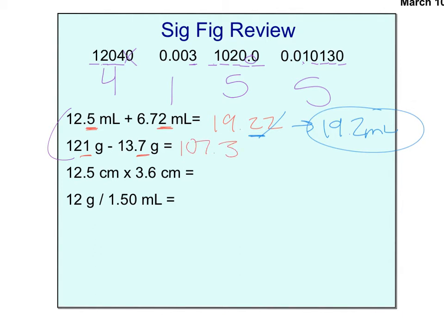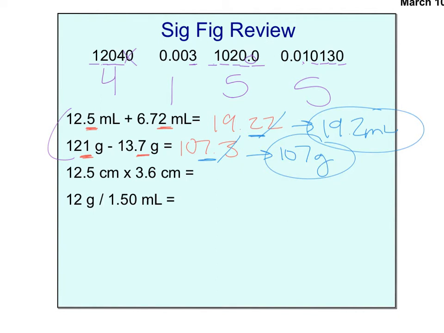Then we go back to the beginning. We had our estimated digit in the 1s place here, the 10ths place here. So our final answer should have its estimated digit in the 1s place. So shave off the 3 for a final answer of 107 grams.